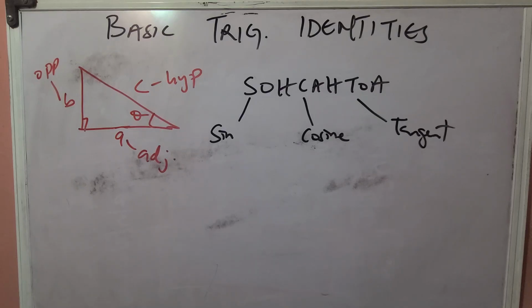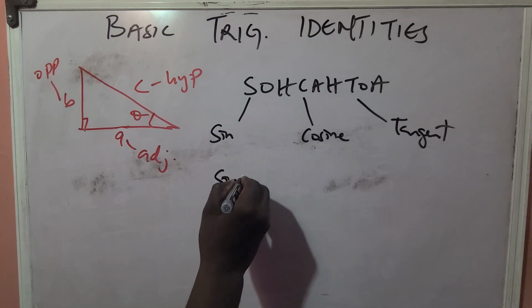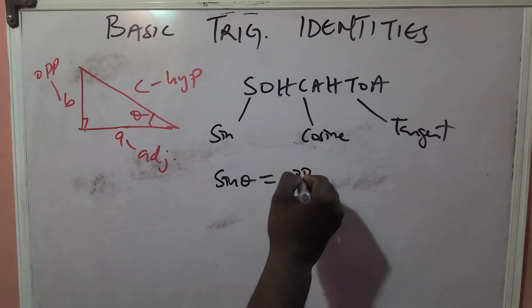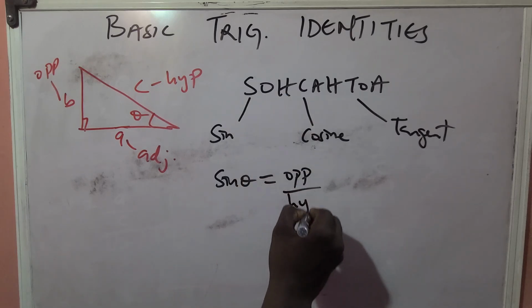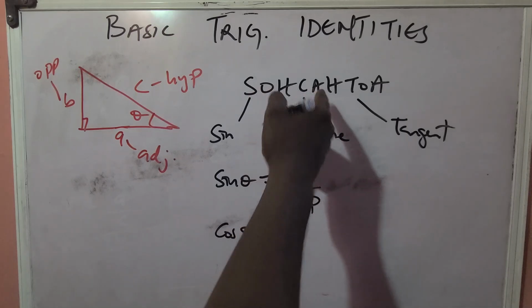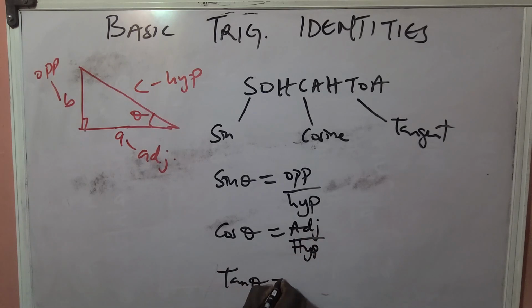From here, we can derive that the sine of any angle will be equal to the opposite over the hypotenuse. The cosine of any angle will be the adjacent over the hypotenuse. And the tangent of an angle will be the opposite over the adjacent. So this is the basic trigonometry ratio we all probably know about.